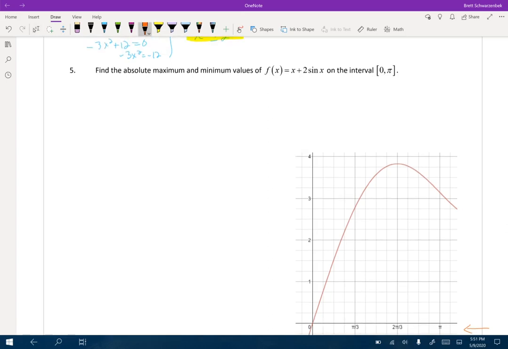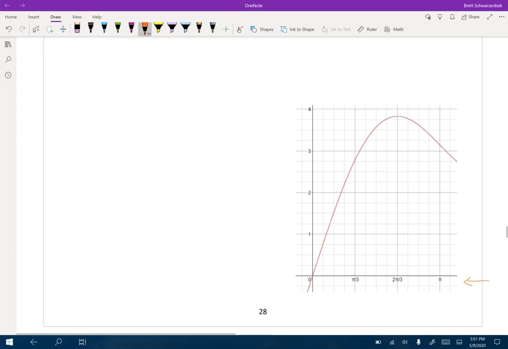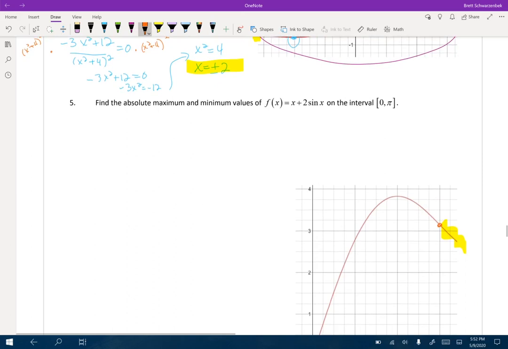Our endpoints are going to be 0 to pi, so we're at here and here, and we're going to be ignoring this part of the graph. Alright, so in order to do a problem like this, same idea, we need to find the derivative.